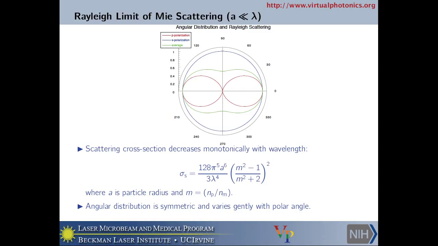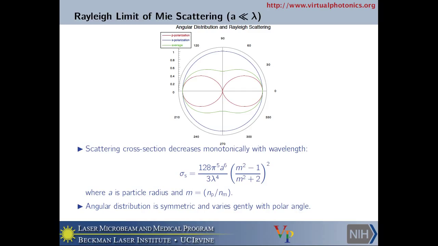The other thing is that your variation in your scattering cross-section is much more sensitive to both the size and the wavelength. Here it scales with the square of the volume, the radius to the 6th power, as scattering cross-section increases. And you are highly damped in wavelength. So you have 1 over lambda to the 4th dependence of Rayleigh scattering.